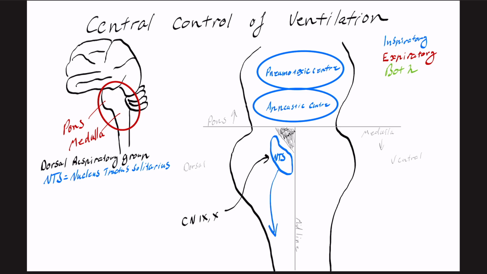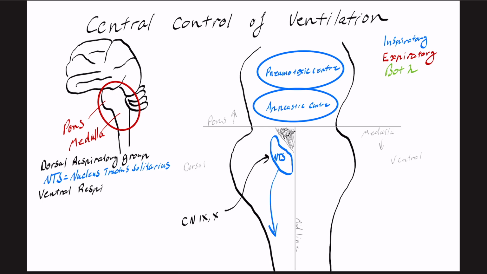And its motor branches, or its axons, are actually ipsilateral as well, so they travel directly down from this nucleus. It mainly consists of inspiratory neurons, as I mentioned before, that control the diaphragm and are responsible for normal tidal inspiration. It's mainly concerned with timing of the respiratory cycle.